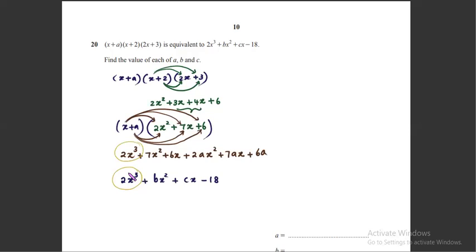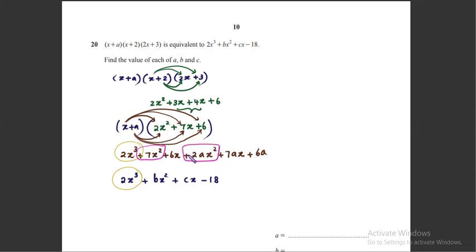There's nothing to change there. When we consider the bx squared, this b is a number in front of x squared, because a, b, and c are all numbers. So the terms that have x squared, I'm going to identify, which is this 7x squared, and in addition to this 7x squared, I have 2ax squared.